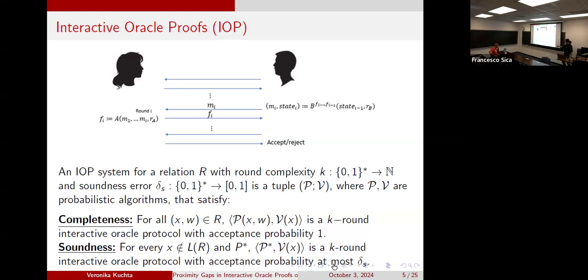Once again, completeness means as long as the prover is honest, such a prover can convince the verifier of the statement with an acceptance probability of 1. And soundness means a dishonest prover who doesn't know the actual information which belongs to the statement can convince the verifier only with a negligible probability.